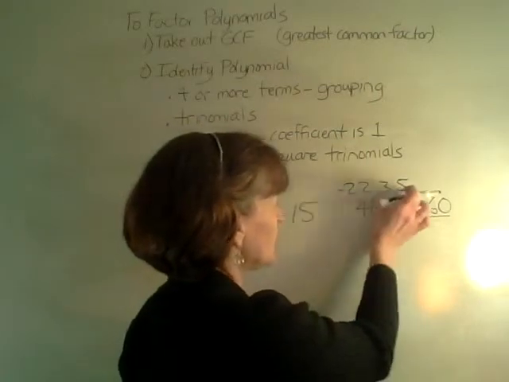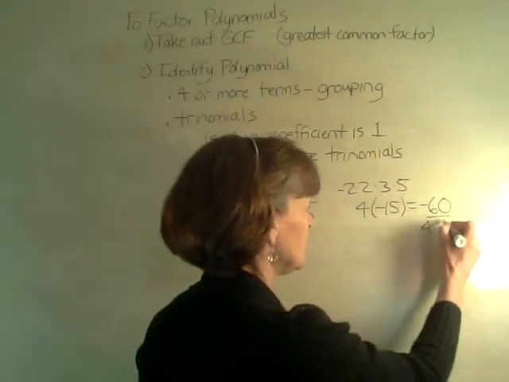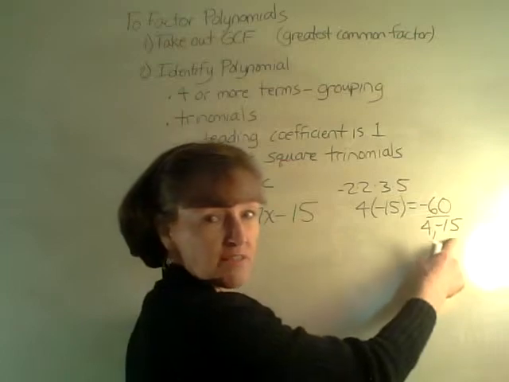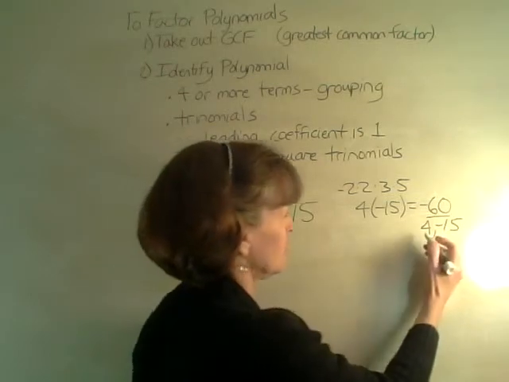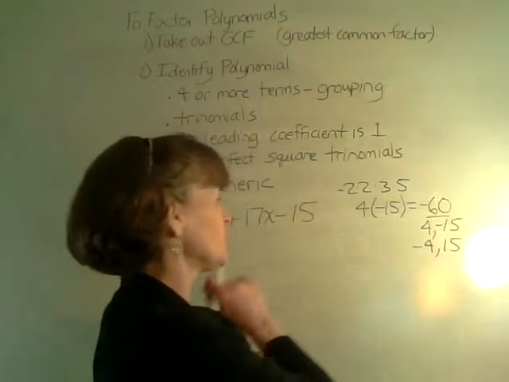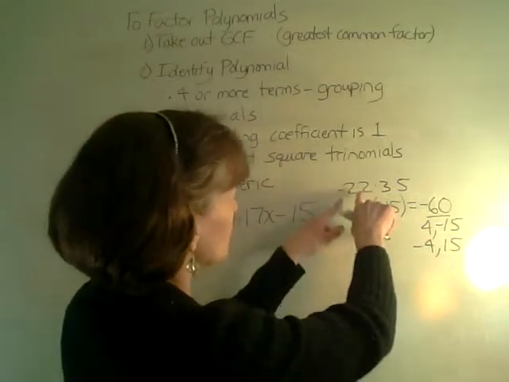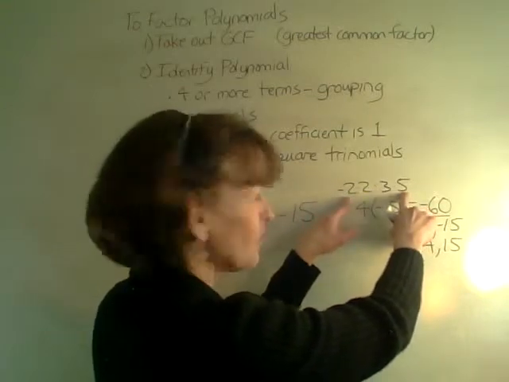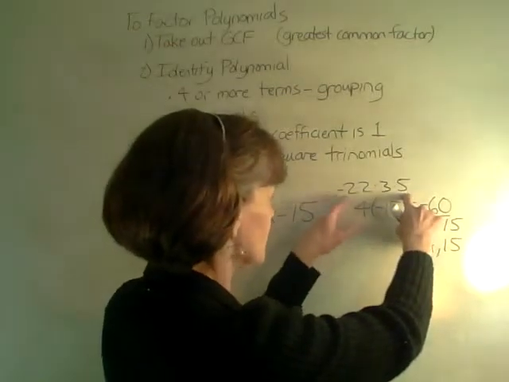So, you know, I could say 4 and 15, but one of them has to be negative. If 15 is negative, then I end up with negative 11. If 4 is negative, then I end up with positive 11, and those aren't my middle term. I could group 2 and 3 together and 2 and 5 together. Well, 2 and 3 is 6, 2 and 5 is 10.